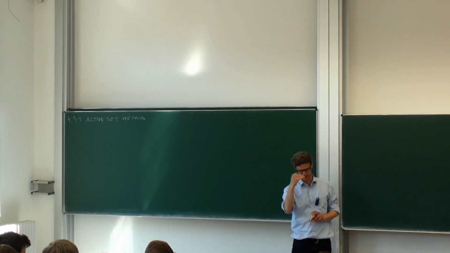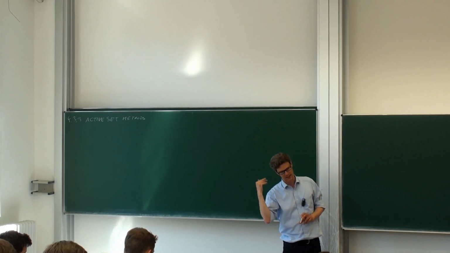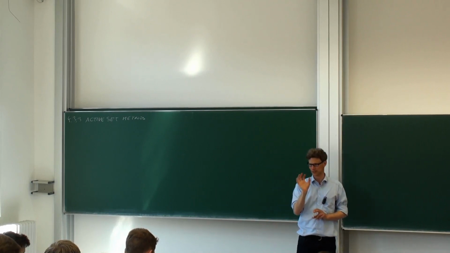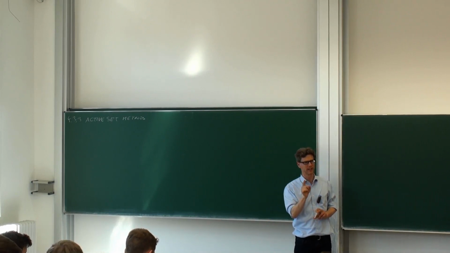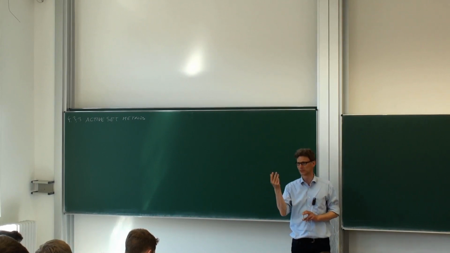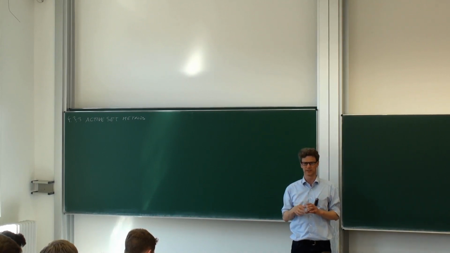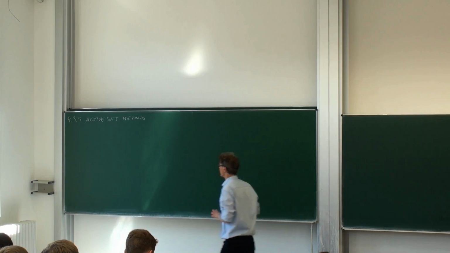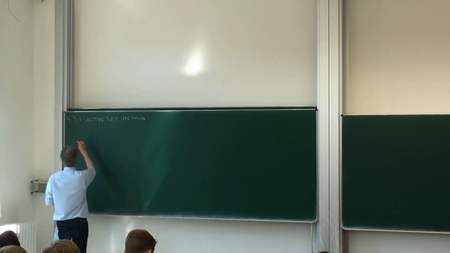You would just say these inequalities are equalities, and I just want to satisfy them with equality. And all the others you throw away and you don't look at them. And then you have a square system of equations with this G tilde, so to say. You can solve it.